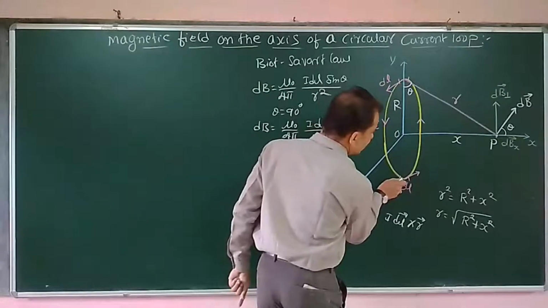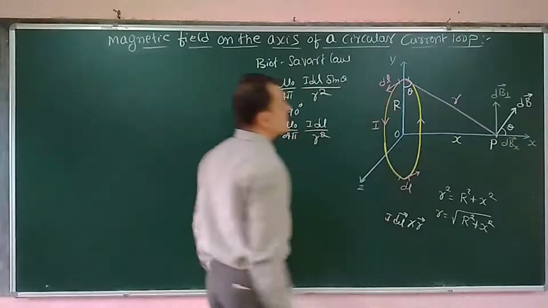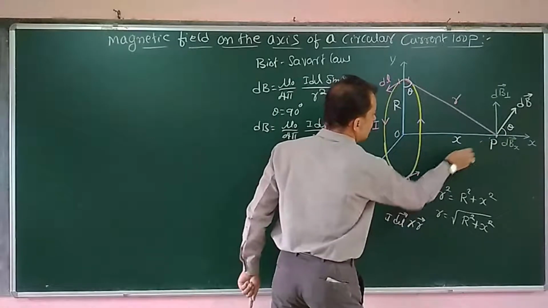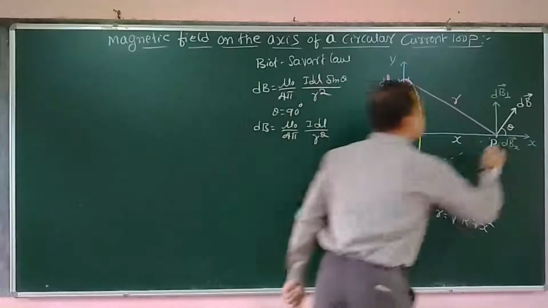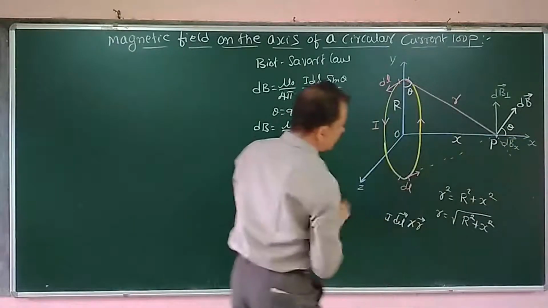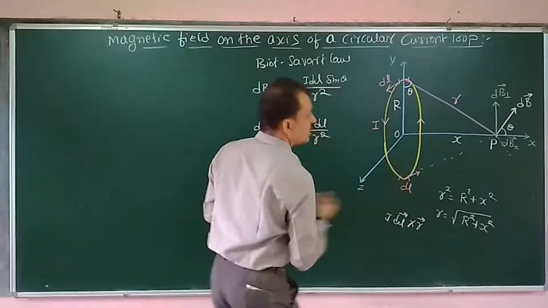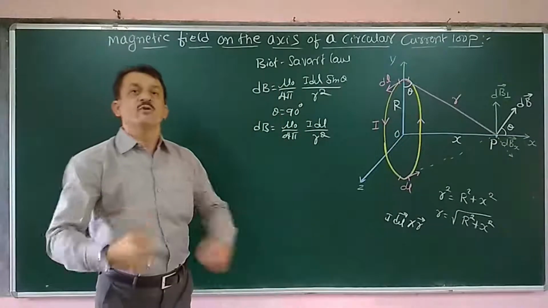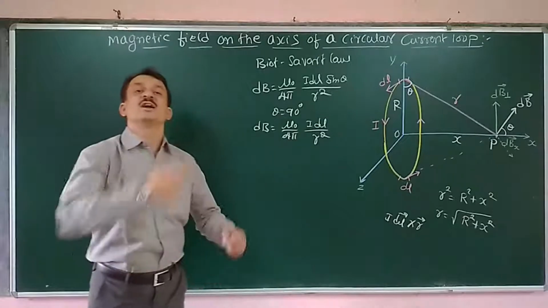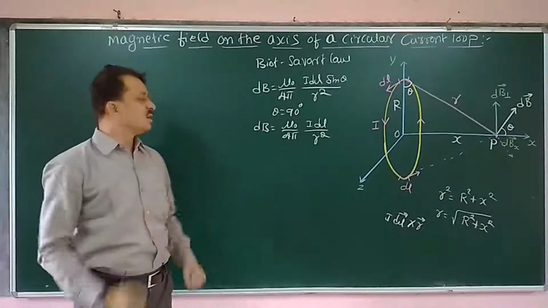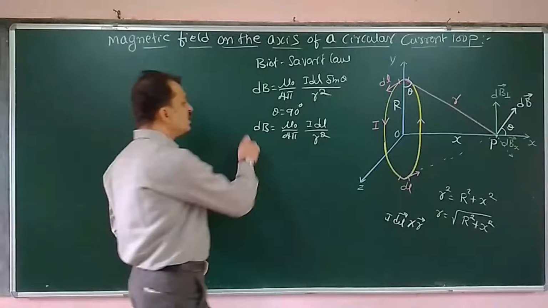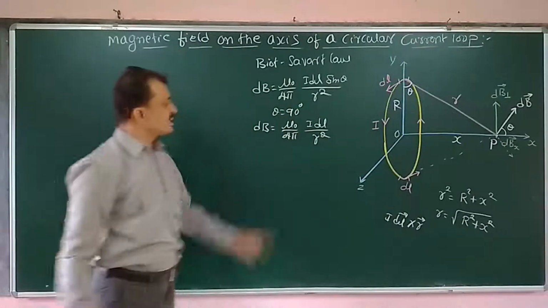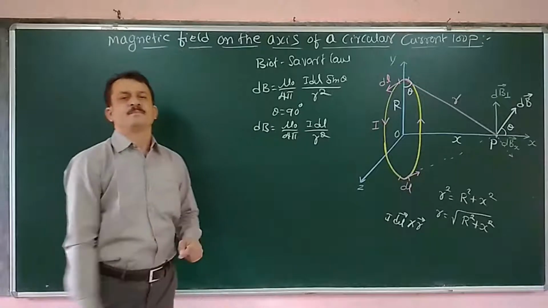Since the current element is along this direction, and the position vector becomes this one, then the cross product gives the magnetic field in the downward direction. Now we have taken two current elements which are diametrically opposite to each other, and the magnetic field at the point P due to these two current elements, the expression remains the same.